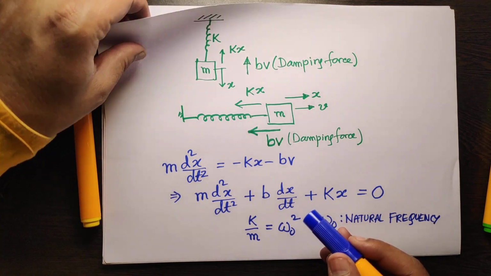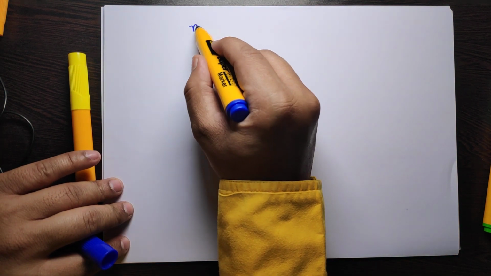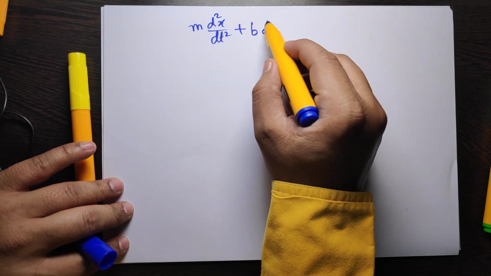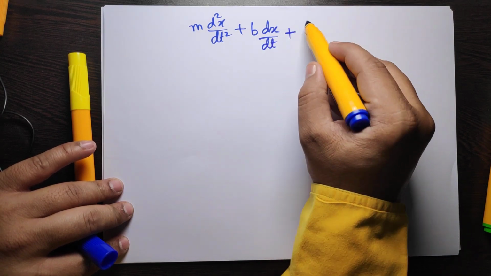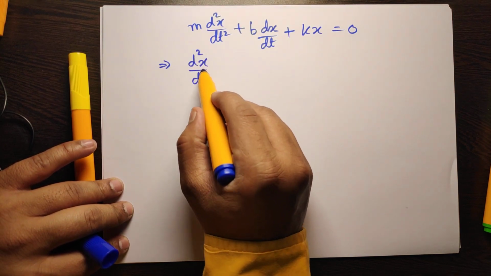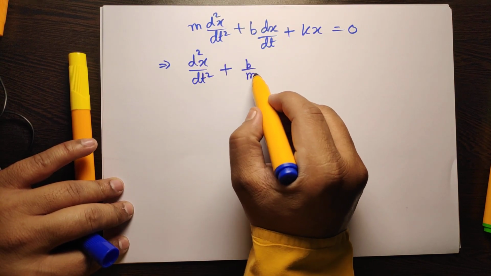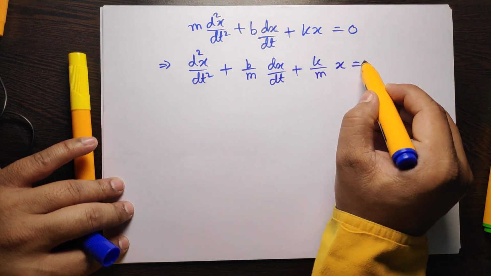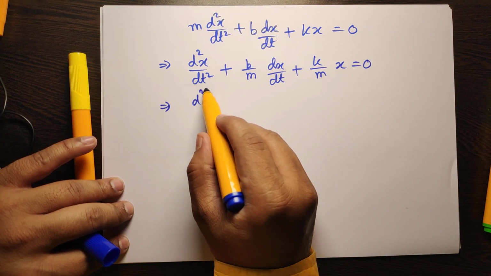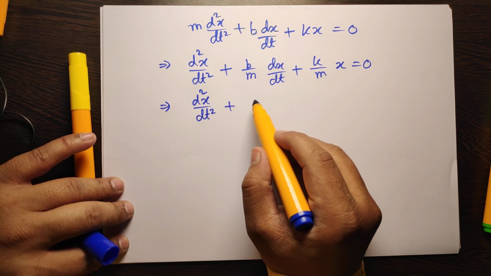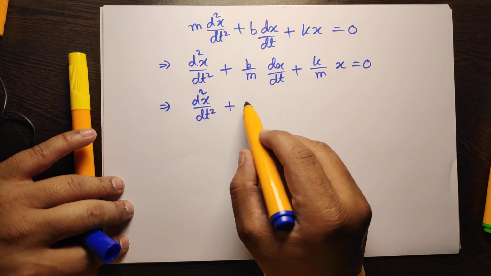Let's write this equation again. m d2x/dt2 plus b dx/dt plus kx equal to 0 implies d2x/dt2 plus (b/m) dx/dt plus (k/m) x equal to 0.